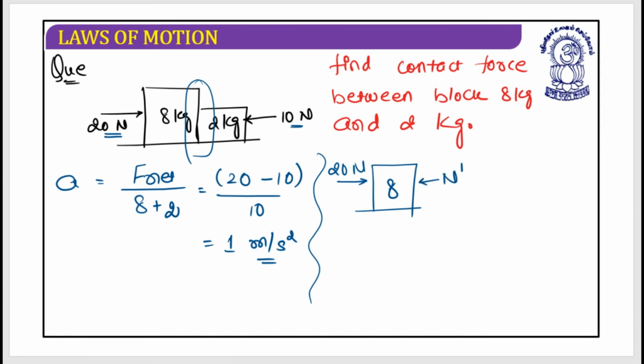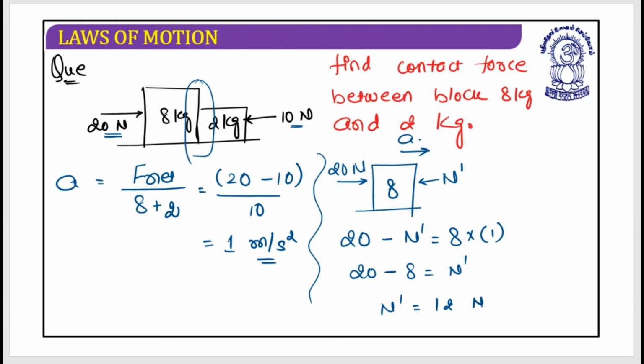Let's write it as n dash, and this system is moving in this direction with acceleration. So we have 20 minus n dash equal to 8 into acceleration, which is 1 meter per second square. So 20 minus 8 equals n dash, and n dash is 12 Newton. This is the contact force between 8 kg and 2 kg.